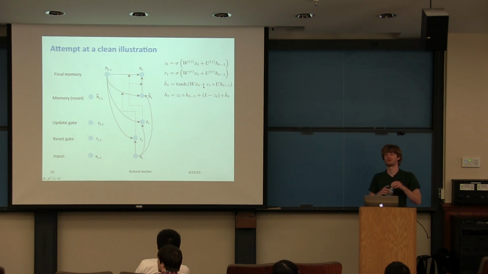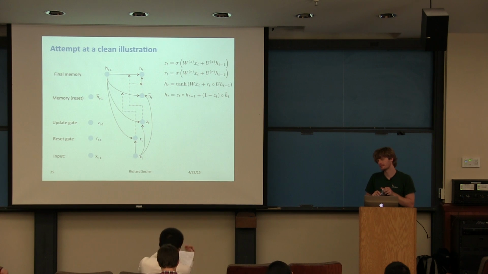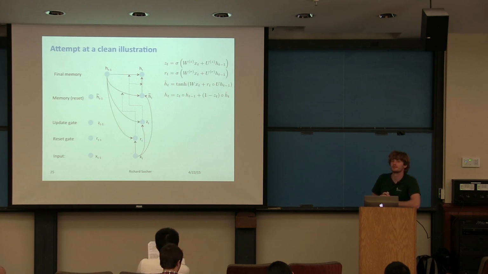So you no longer have the matrices WHH and WXH, and you do not have the matrix multiplication of the fixed state with the next state. Like in the simple algorithm, we do something like HT equal to some function of WHH times HT minus 1.